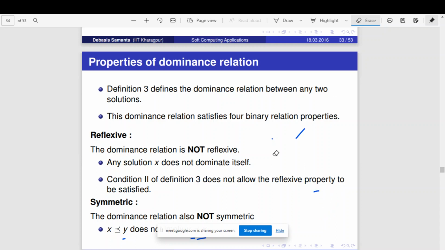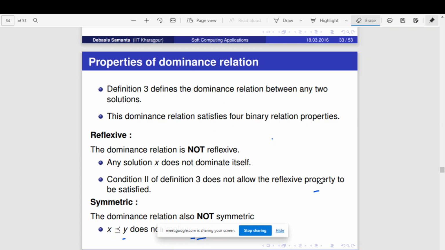What is reflexive? How will you define the reflexive property? See, the reflexive property means it should be applicable to itself.